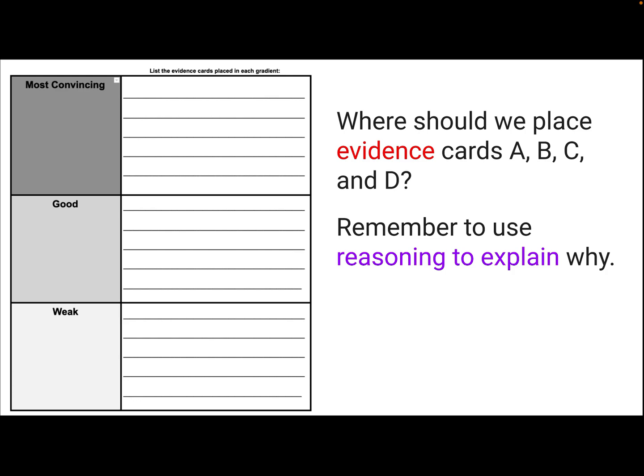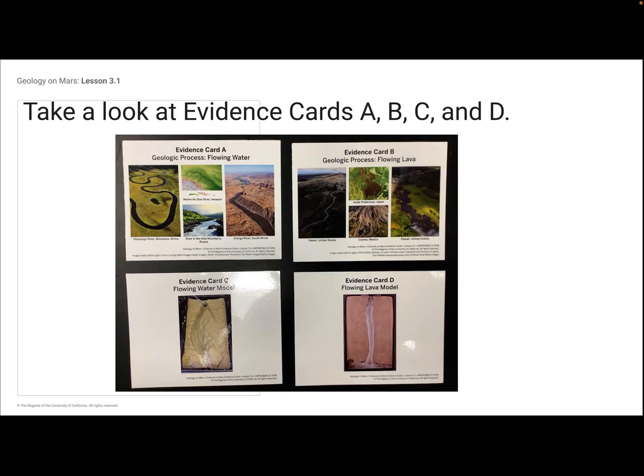In other words, this is evidence that says without a doubt that one claim is right. So do we have any evidence that only says, hey, the answer is only lava formed that channel, or only water formed that channel? And the answer is no, we don't.